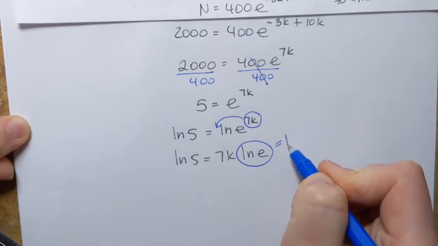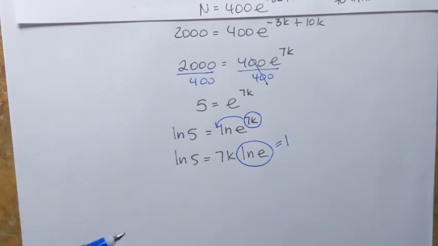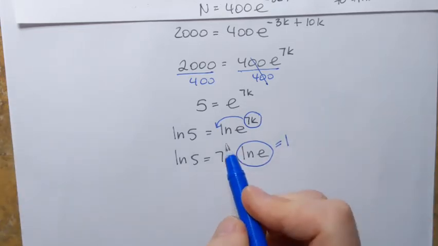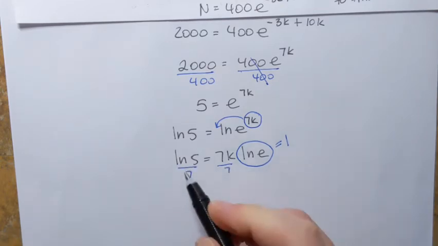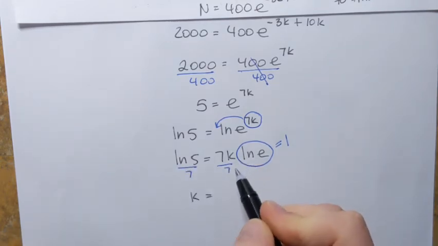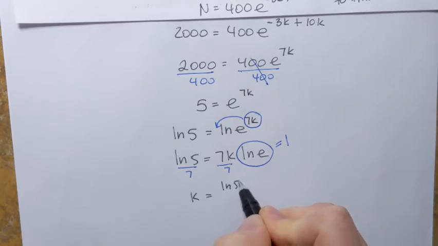That's 1. That means that to find k, we just need to divide by 7 on each side. So k equals ln of 5 over 7. That is the coefficient of proportionality.